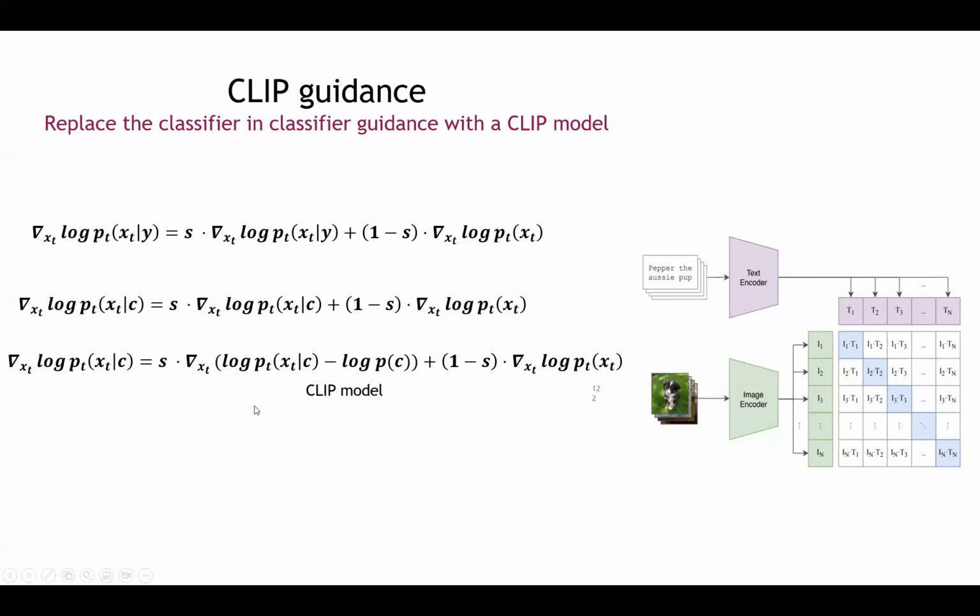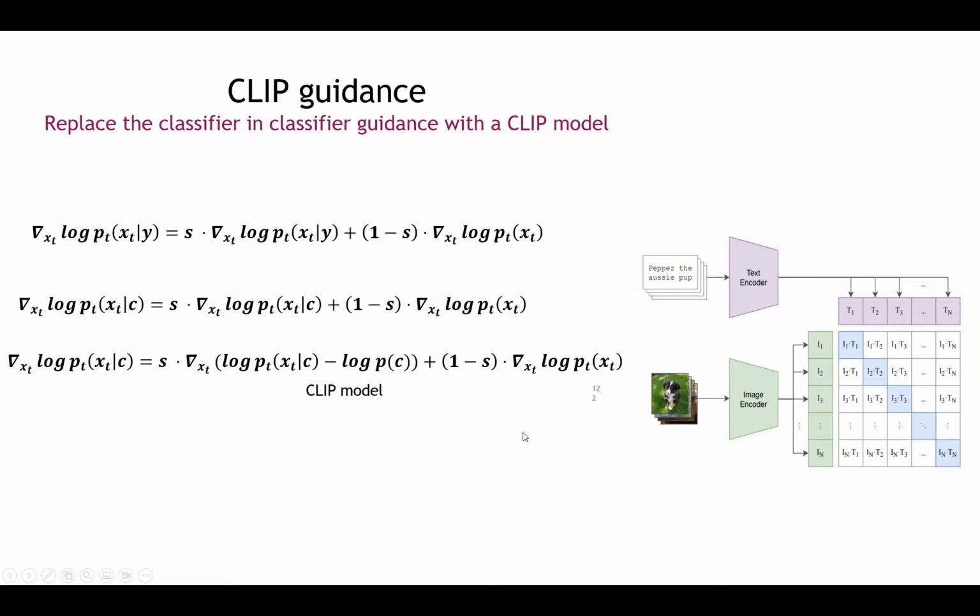Since we are taking the gradient, we can add some additional term, log of p(c). Since this doesn't depend on x_t, the gradient with respect to x_t is 0, so this and this are the same thing. We can do that, and then the 1 minus s term is the same thing.